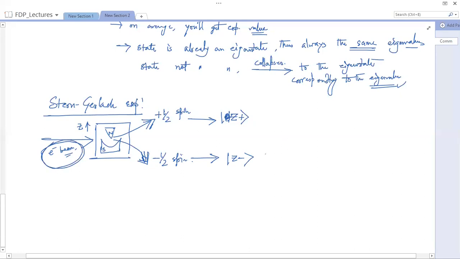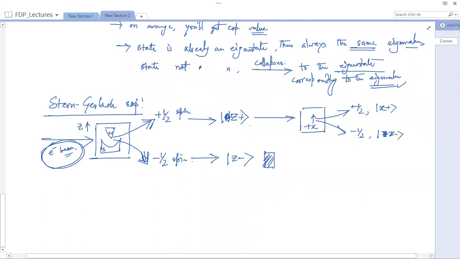So if you block one beam and pass the other through a Stern-Gerlach apparatus in the x direction, then again you will get only one of the two eigenvalues, plus half or minus half, but the eigenvectors correspond to x plus and x minus.